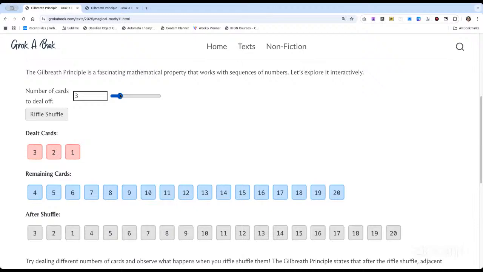So here, if you place the 3 on the remaining cards, you could still generate this shuffle. So I think every shuffle has a pair where you swap whether dealt or remaining, and that would be the argument.